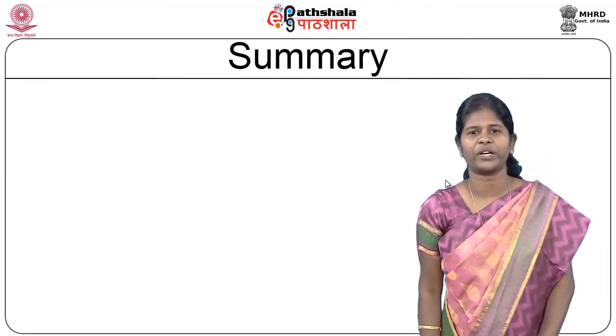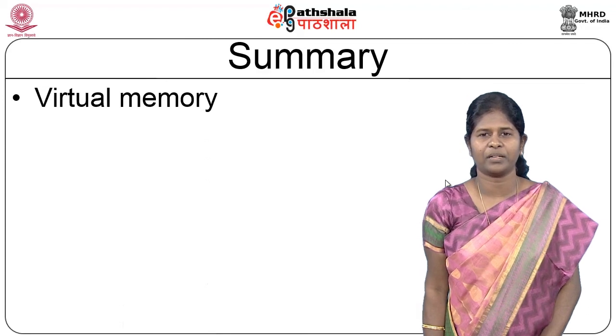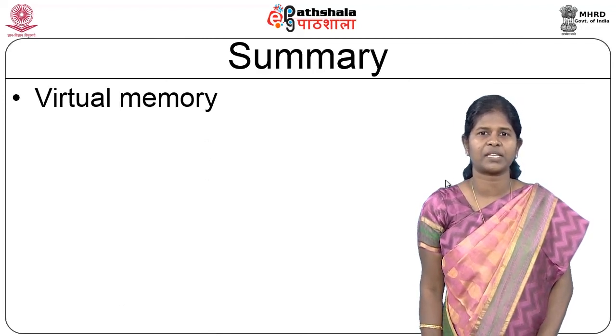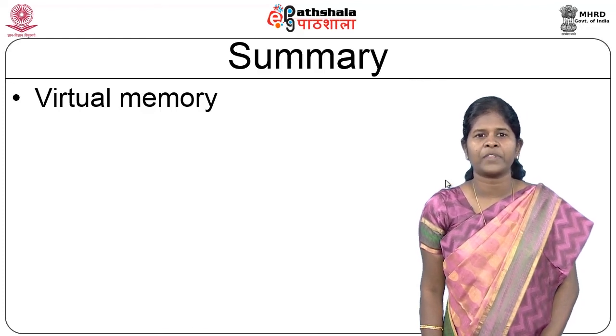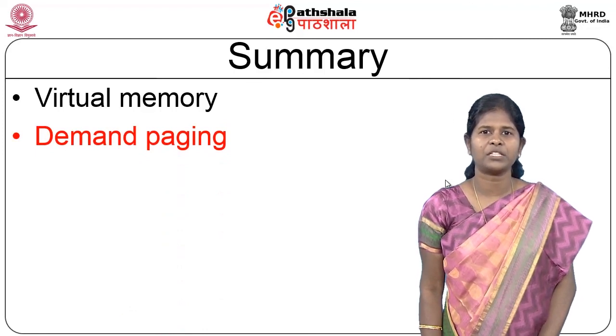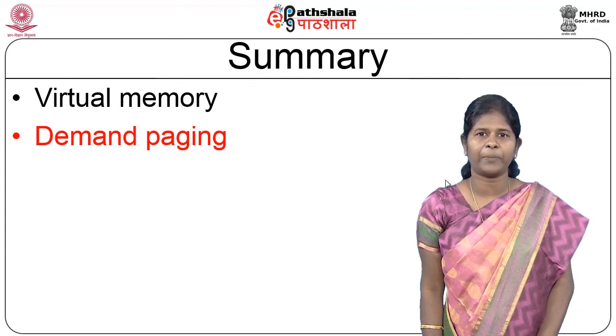So, summarizing what you have learnt in this module, we learned what is meant by virtual memory. It is possible to have a logical address space which is much larger than the size of the physical memory, and that is called virtual memory. And then we learned what demand paging is, that is, a page is brought into the memory only on demand, only when the page is needed.